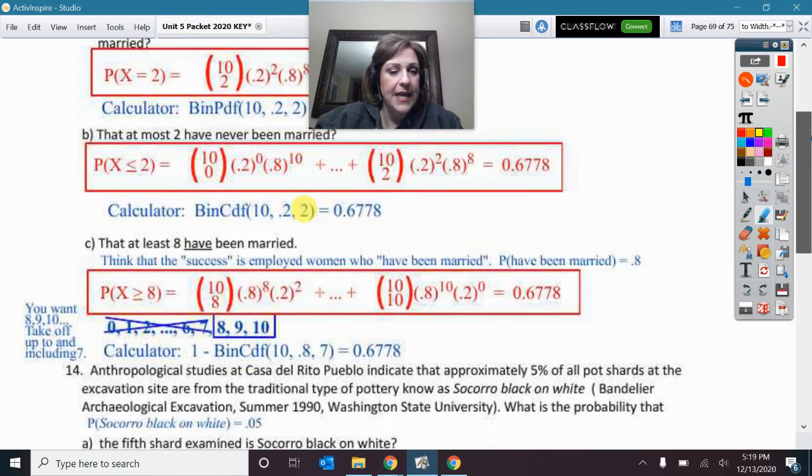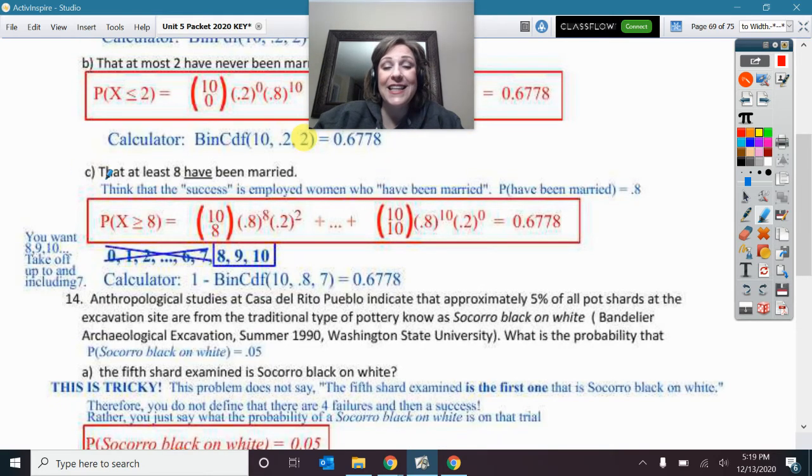All right. Next. Oh, here we go. At least 8 have been married. Careful, careful, careful. The previous questions have been about that 20% that have not been married. So I do this problem, and it's fine, but I just think of my success as the proportion who have been married, and that's 0.8. And then I just go from there.